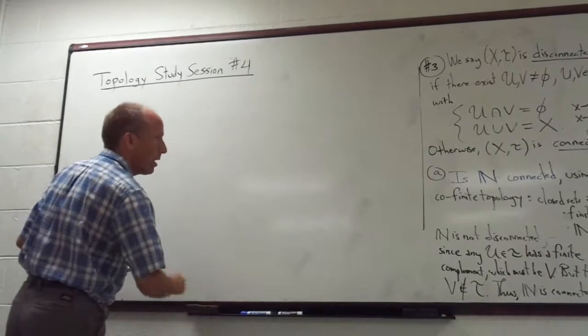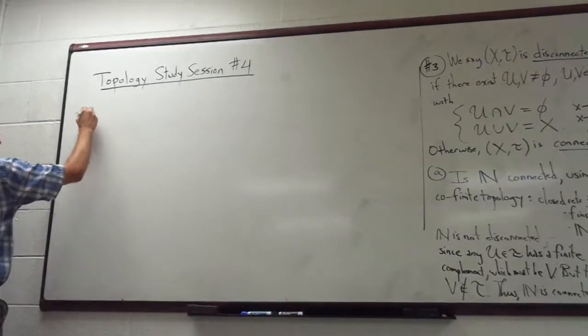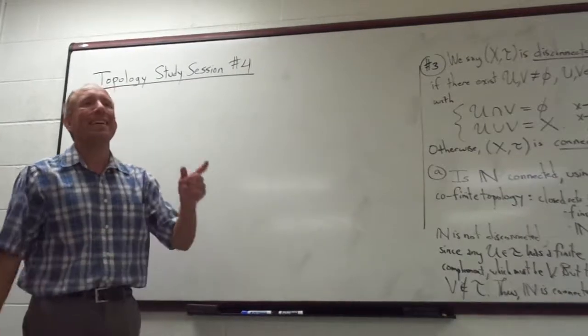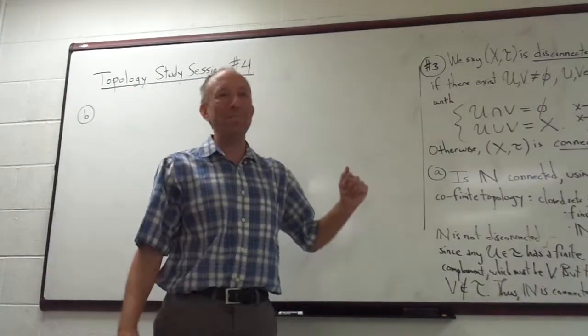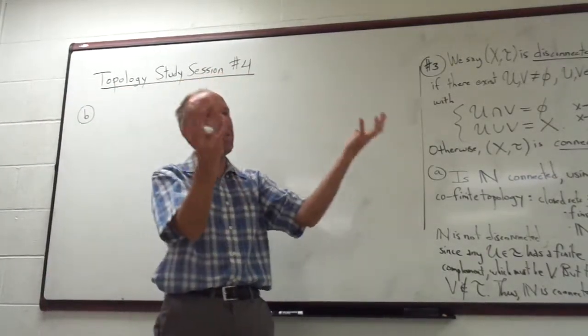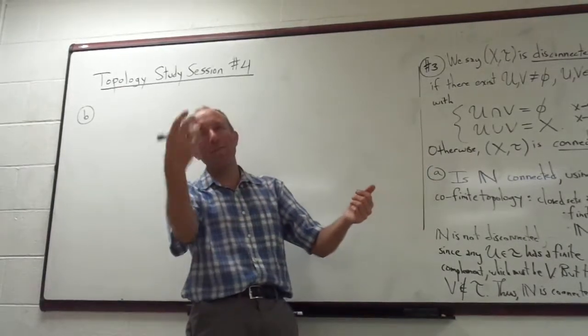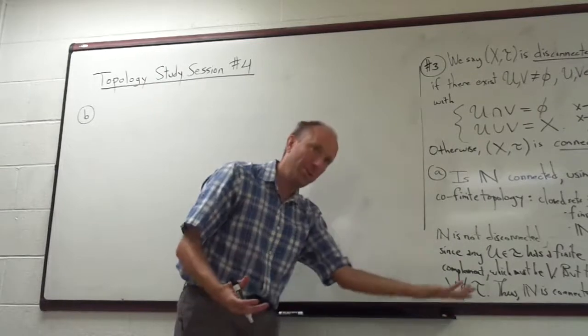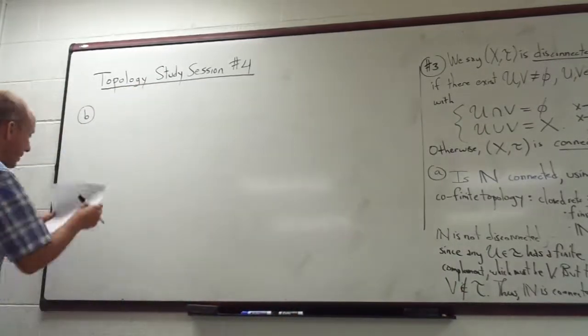Okay, so for part B, I would like to show that connectedness is preserved by homeomorphism. So if you have two spaces that are homeomorphic and one of them is connected, then so is the other one. Or if one of them is disconnected, then so is the other one. Okay, so that's kind of a nice thing to do.